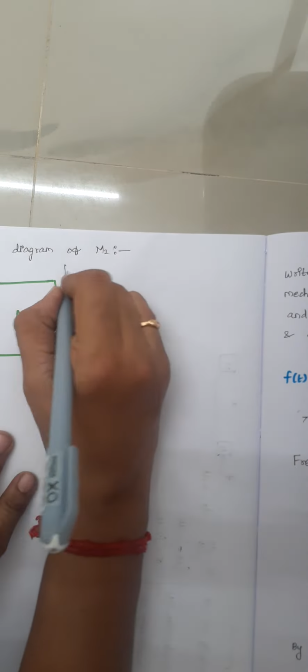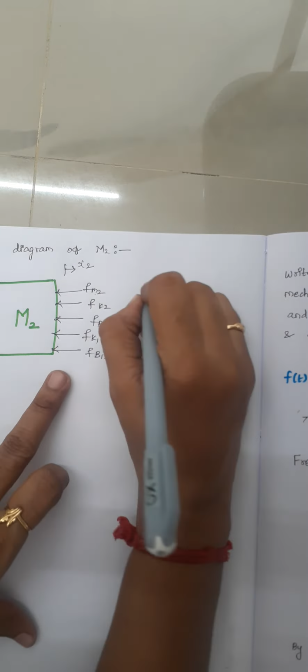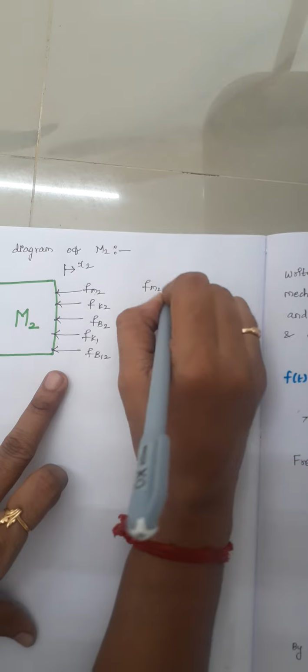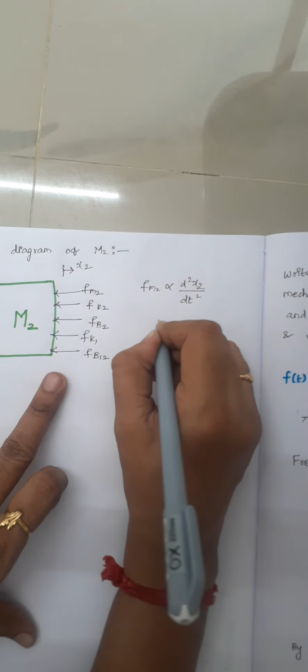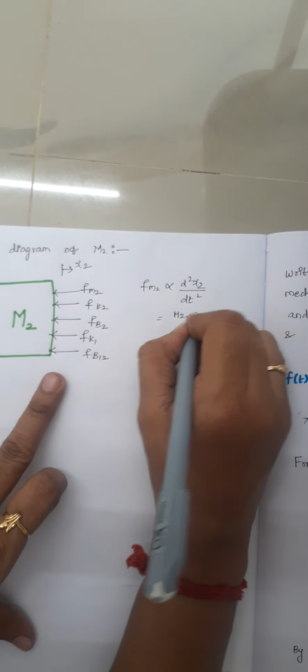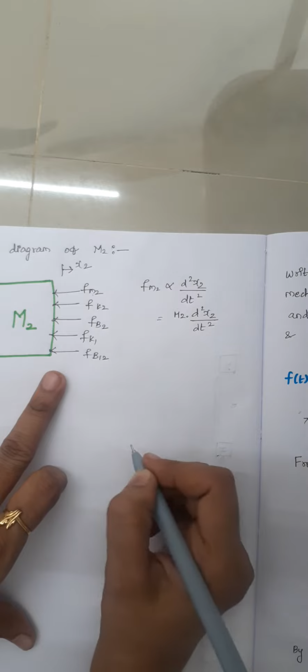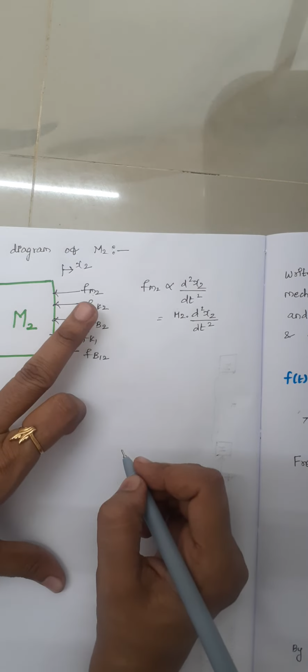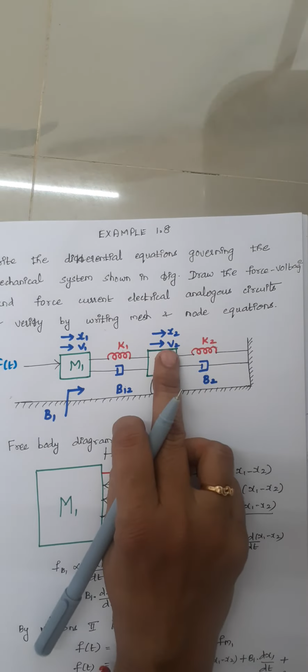So the respective displacement of m2 is given as x2, right? So when you write Fm2 is directly proportional to d square x2 by dt square. When you include proportionality constant, that becomes m2 into d square x2 by dt square. The next one is Fk2. This K2 is connected with only mass m2.